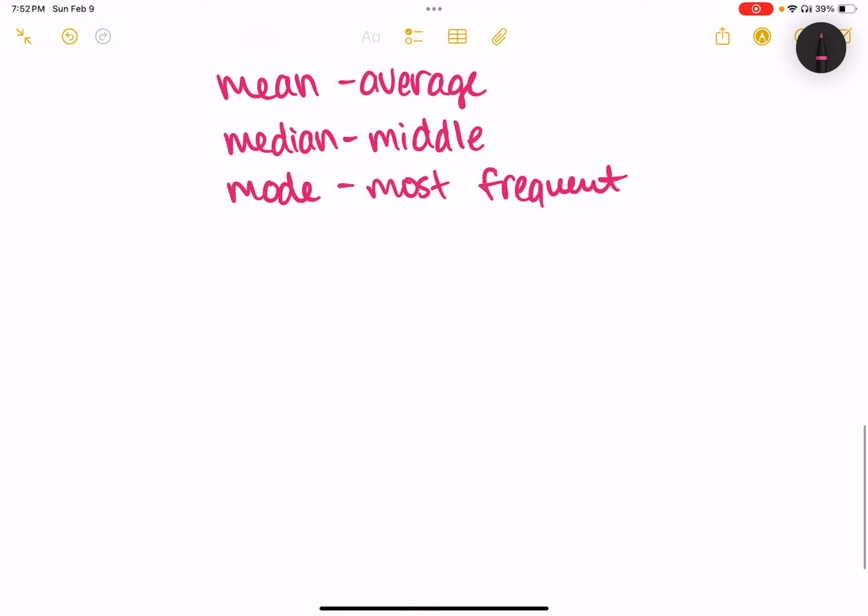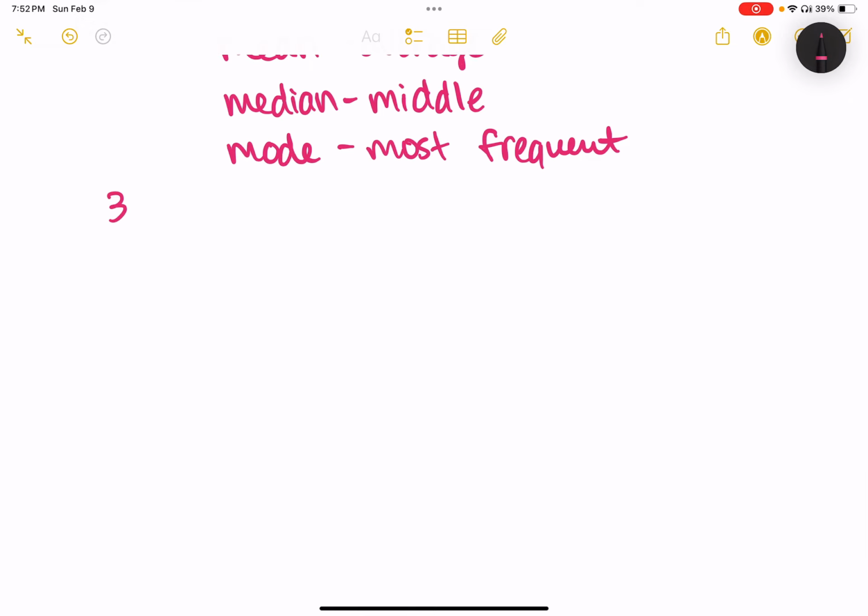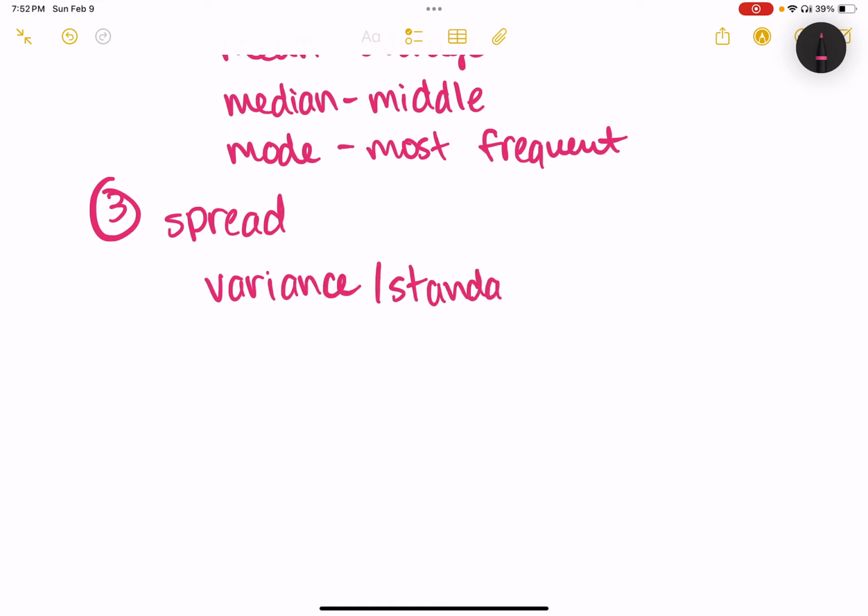And then lastly, the third thing you want to look at is the spread. Spread is literally just how spread out your data is. The first way of measuring or analyzing that is to look at the variance or standard deviation. These are very related metrics. I'm not going to talk about these in depth in this video.